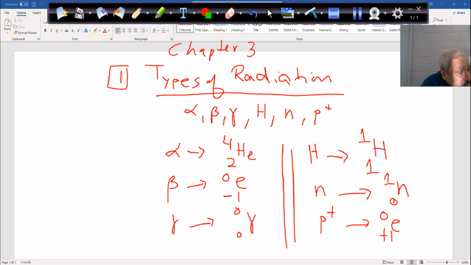And I think we took uranium and we took the iron element. This is the first important section of nuclear chemistry. So chapter 3 is about nuclear chemistry.